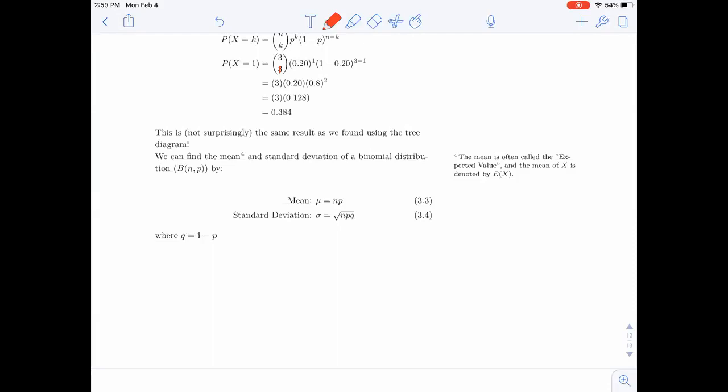The standard deviation we can find by taking N times P times Q. That's N, the number of trials, times P, the probability of each success, times Q, the probability of each failure, and then square rooting them. Luckily, you don't have to remember that. That's just on your formula sheet. Again, for Q, it's just 1 minus P.